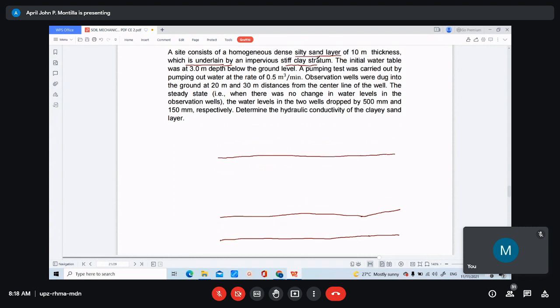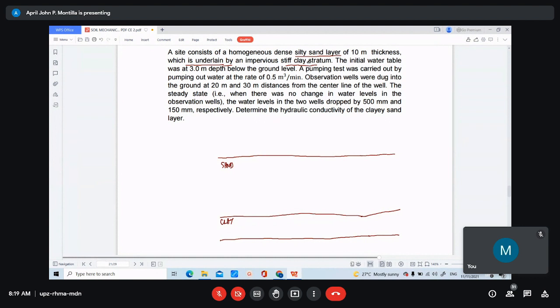When we say silty sand layer is underlain by a clay layer, ang nasa itaas ay yung sand. Ang nasa ilalim ay yung clay. Pero kapag sinabi dyan na silty sand layer is underlain to clay layer, magkakabaliktad yan. Nag-iba lang yung by at saka to. When we say sand layer is underlain to clay layer, clay ang nasa itaas, sand ang nasa ilalim.